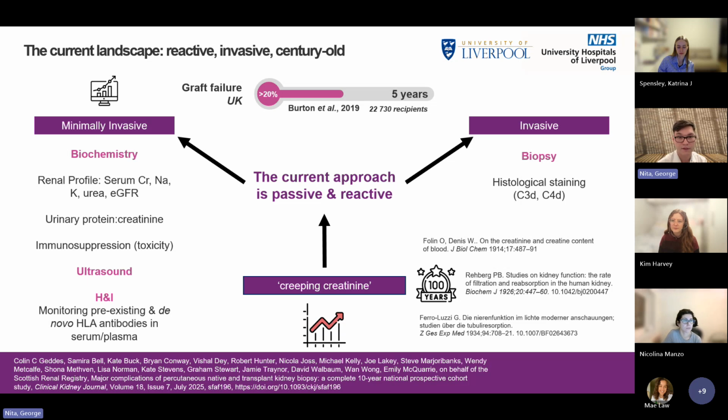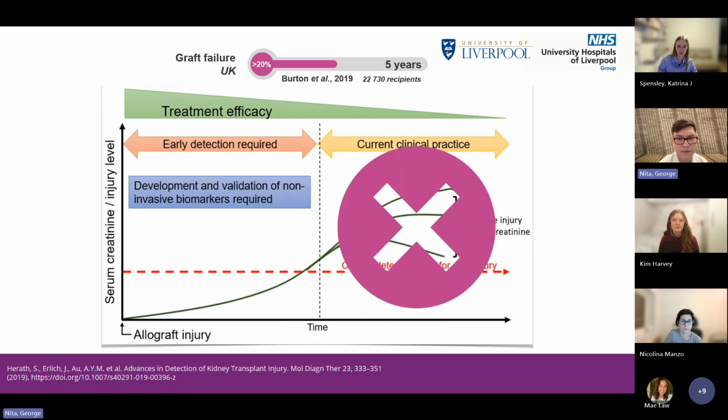And apart from this, as I said earlier, it's almost like going to a murder scene and looking at the blood, the knife, and the victim, and wondering how did we get here. We rely on this biomarker that was first introduced in 1914. So perhaps it is time to move on and do better, because what we know is that the treatment efficacy for rejection decreases with time.